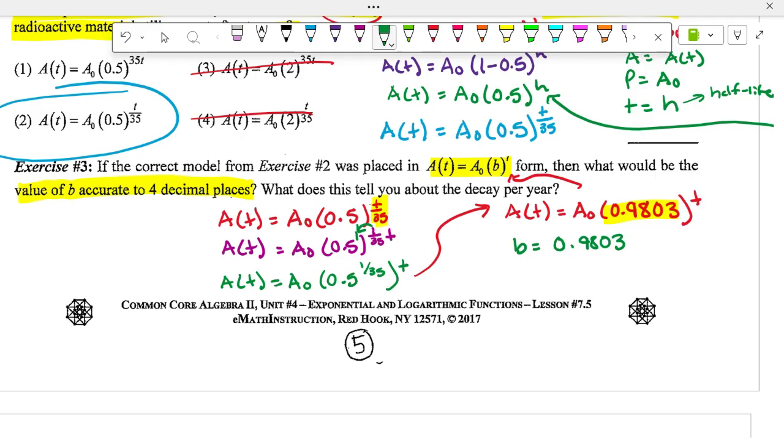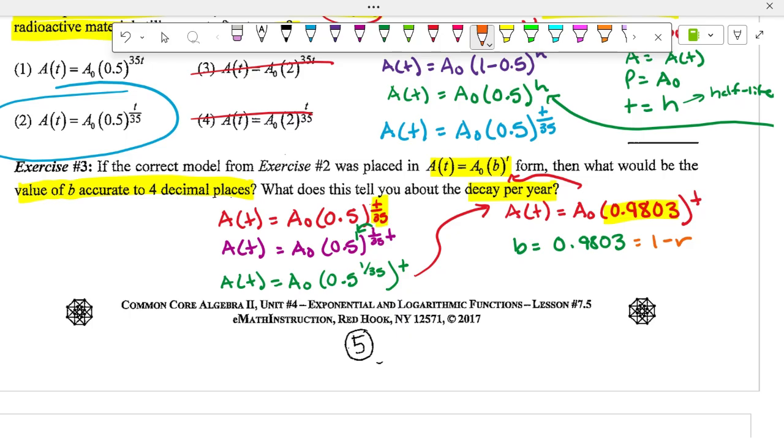Now, what does that tell us about the decay per year? So how much are we actually decaying a year? So here's my question. This is equal to 1 minus r, because it's an exponential decay problem. So within the parentheses is equal to 1 minus r.